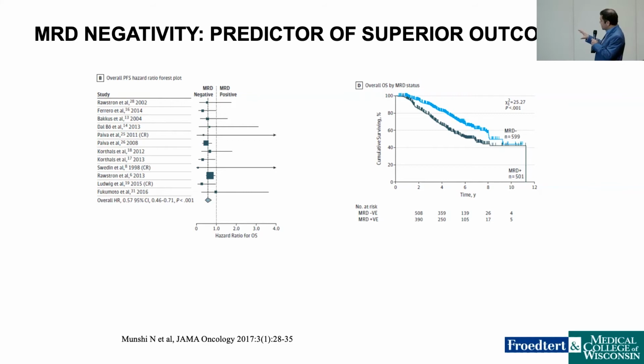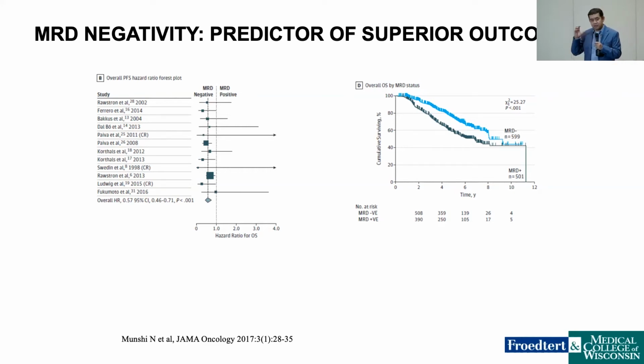What that showed is that if you achieve MRD negativity, okay, that means you are not able to see the disease at a very low level of test sensitivity, and if you compare those patients to another group of patients who are MRD positive, you are going to do better in terms of your disease being in remission for a longer time. So that means your progression-free survival will be longer. And number two, you also live longer. So they have a survival advantage as well. So it's very prognostic.